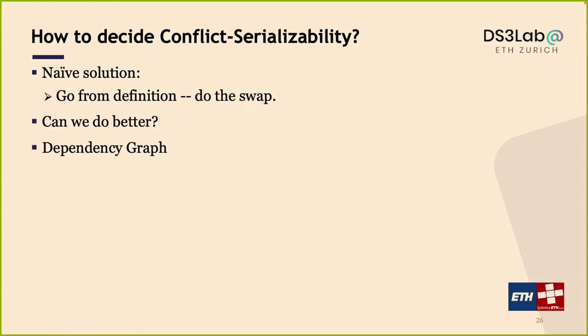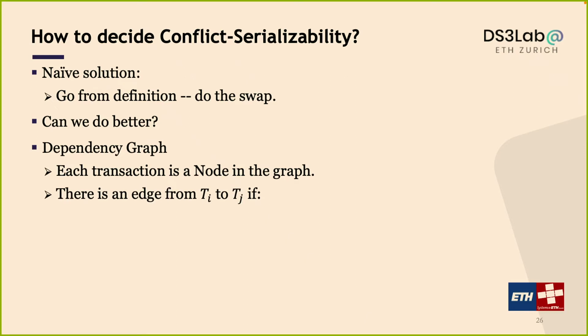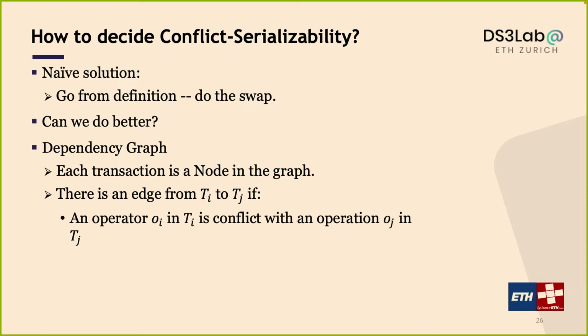Essentially, you can build something we call a dependency graph. Each transaction becomes a node in the graph. There's an edge from Ti to Tj in the graph if you have an operation Oi in Ti and an operation Oj in Tj that conflict with each other, and Oi appears earlier than Oj.